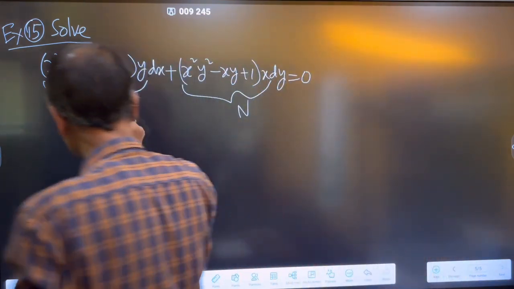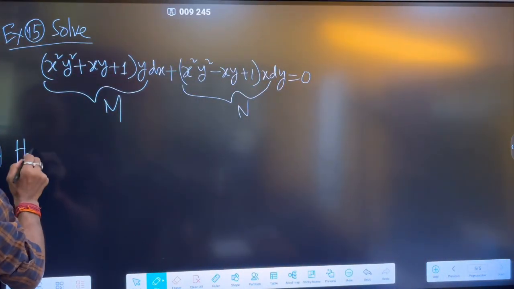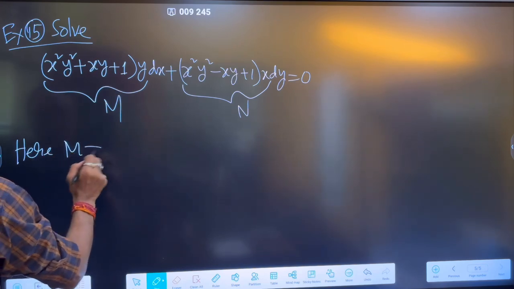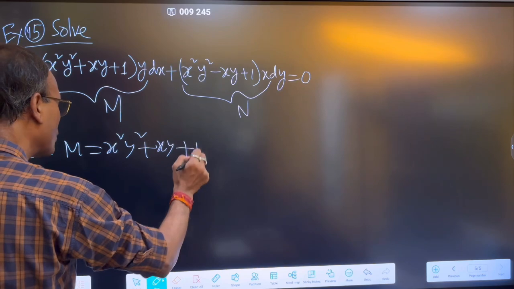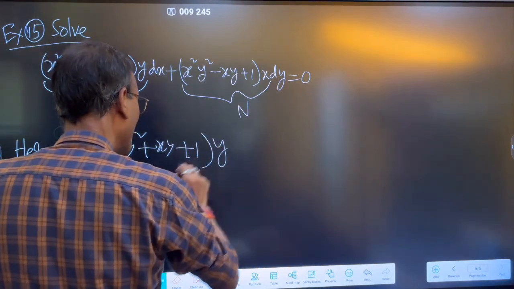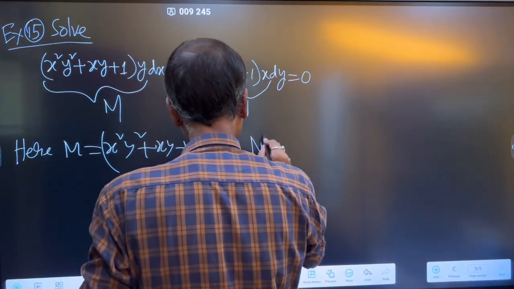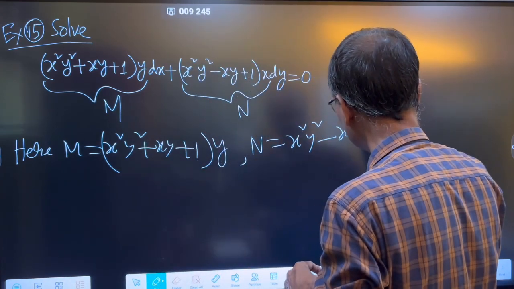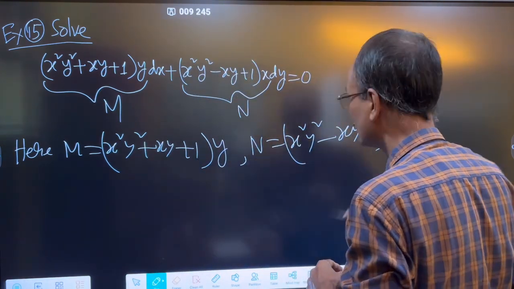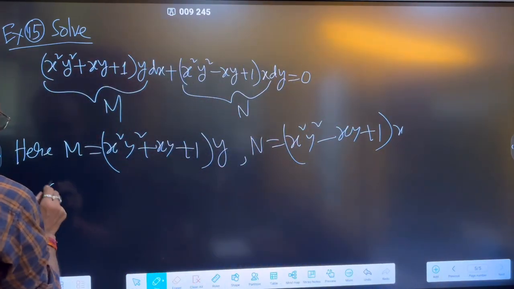Here m equal to (x square y square plus xy plus 1) y, and n equal to (x square y square minus xy plus 1) x.